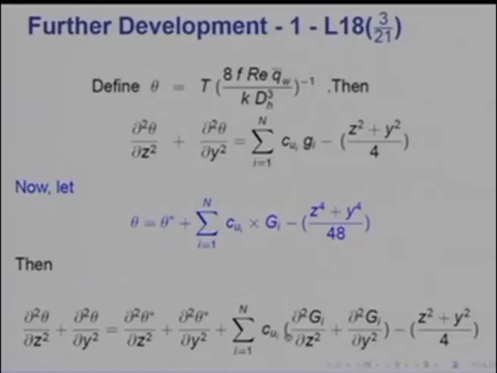So, what I am going to do now is to postulate that these functions are exactly equal to small g_i.